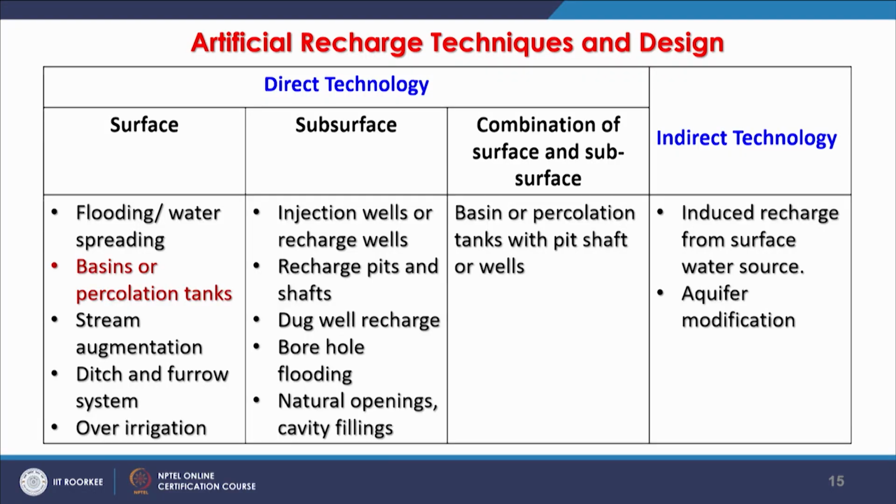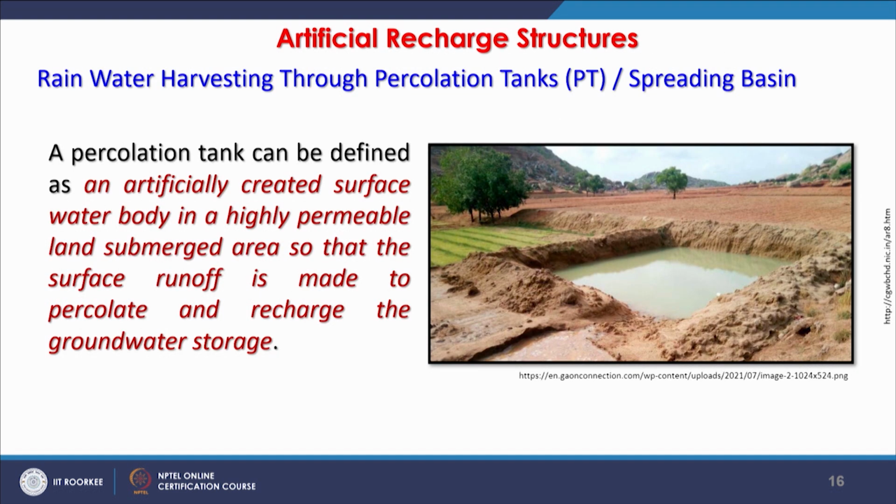Now we come to the second approach, which comes under direct surface groundwater recharge or artificial recharge techniques, and which is called basins or percolation tanks. When we talk about a large area, we say basins, and if we are talking about a small area, then percolation tanks. It is a simple approach: you just require a percolation tank, and you allow water to stay there as long as water is there.